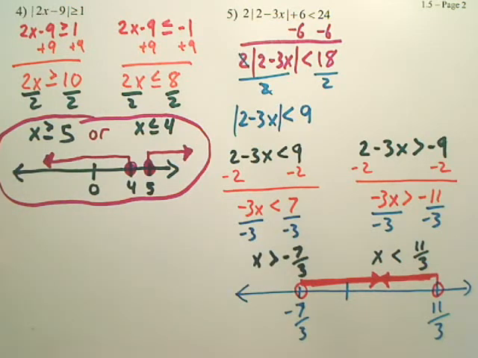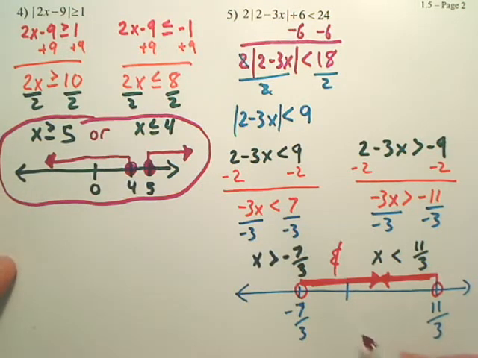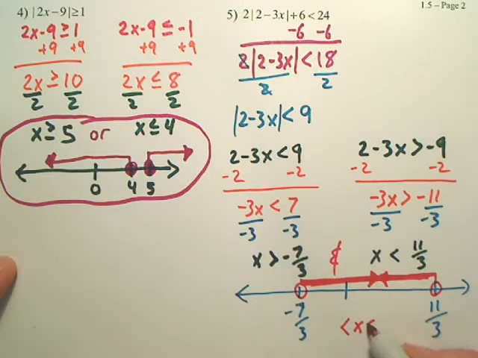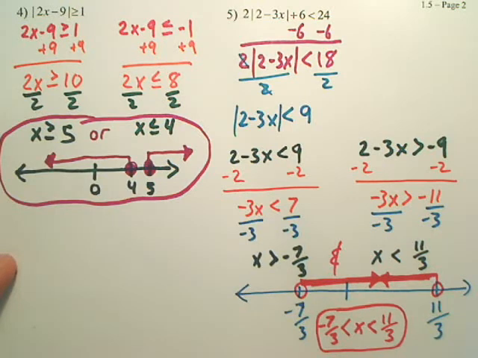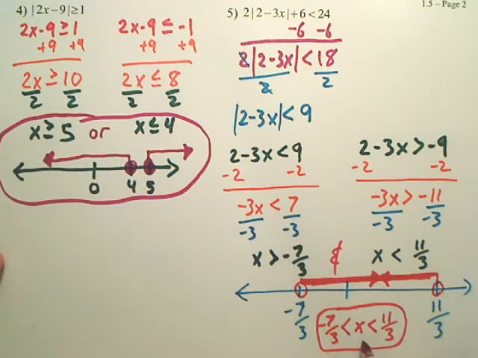Now, this one is called an AND because it's both answers. Whenever it goes in between, it's an AND. And you have to write your ANDs in a certain way. You must write your ANDs like this. You have to write your answer like that. What that is saying, x is between negative 7/3 and 11/3.